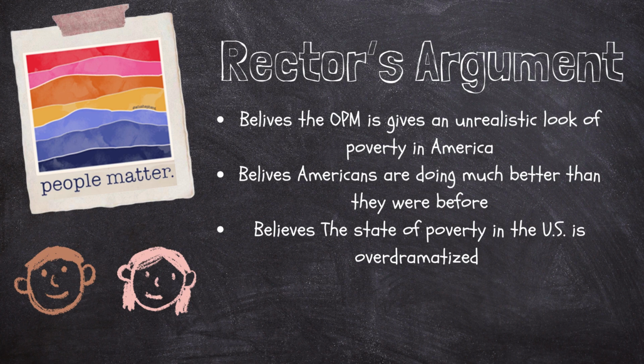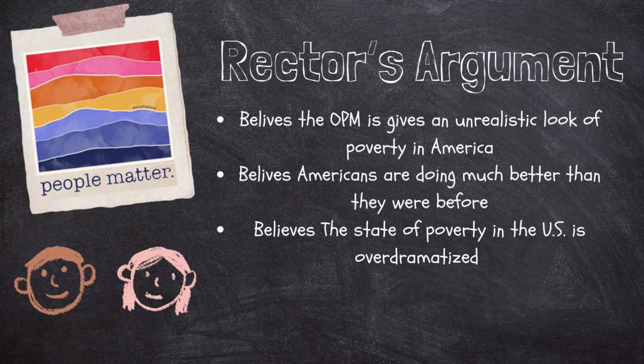Rector's primary argument is built on two main points. One, Americans are doing better today than they were decades ago, and two, the state of American poverty is over-dramatized. To his first point, Rector reiterates that the average impoverished person owns items that the middle class from decades ago would not have been able to afford.